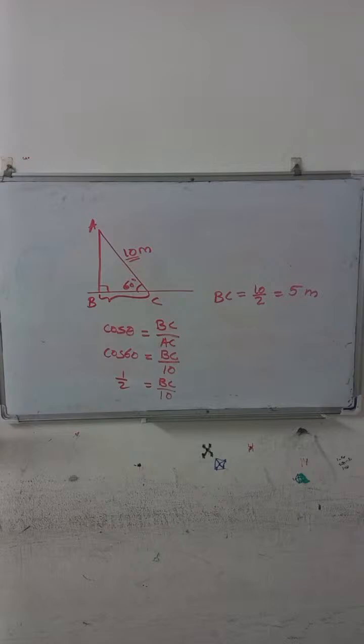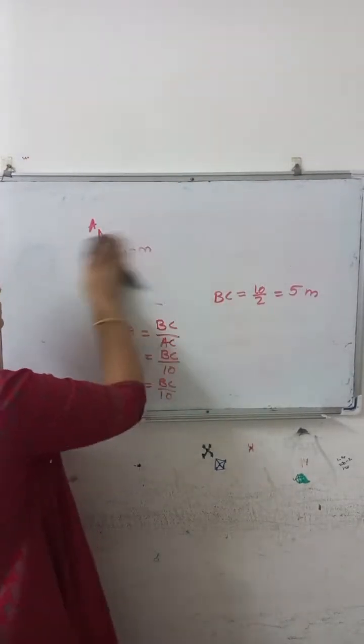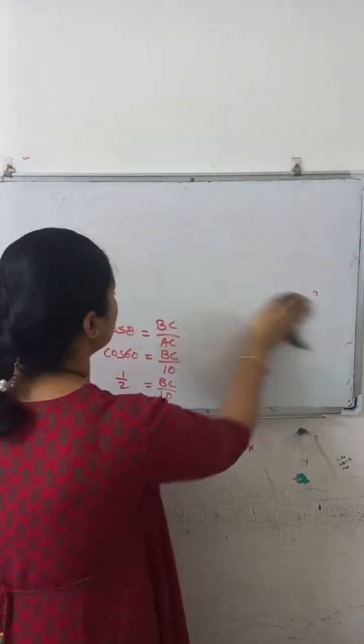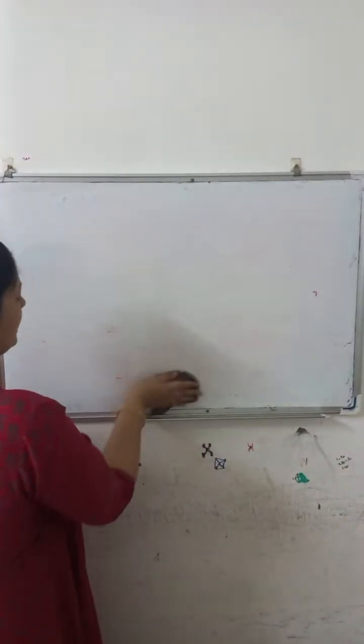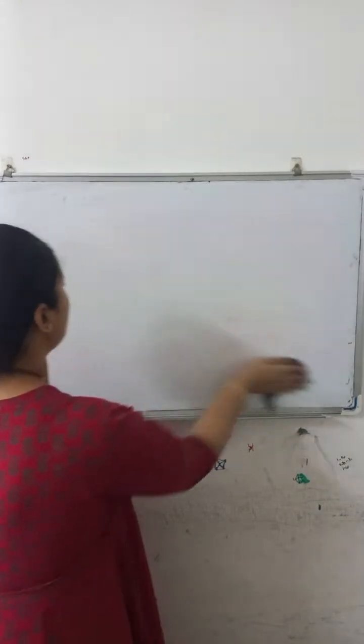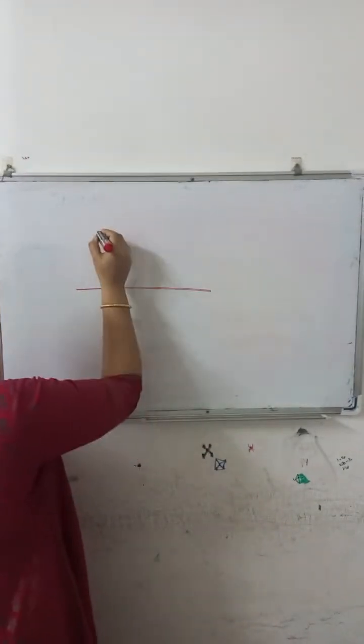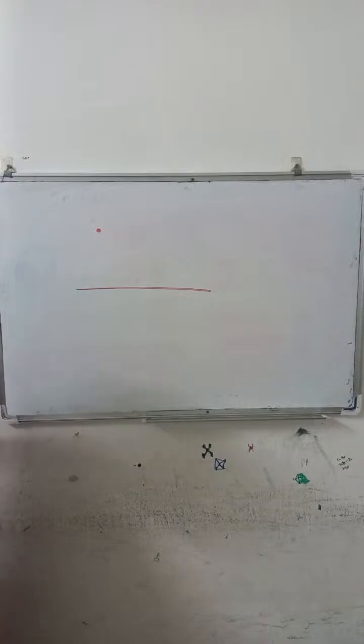Angle of elevation means the object makes an angle from bottom to top. According to the statements we can try to draw the diagram and locate what is given. They are saying a point P on the ground, so first we draw the ground, and somewhere this point P is there.